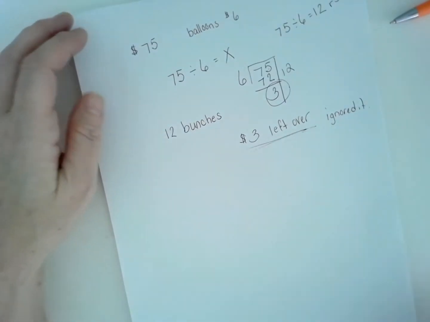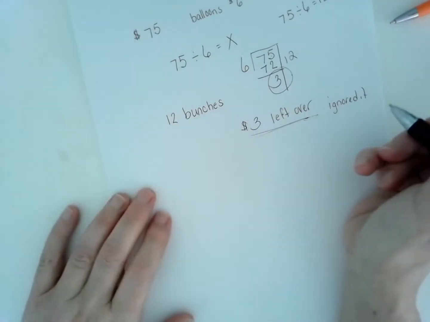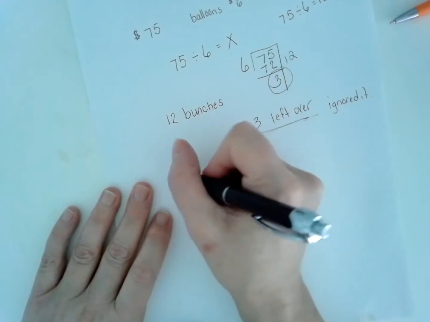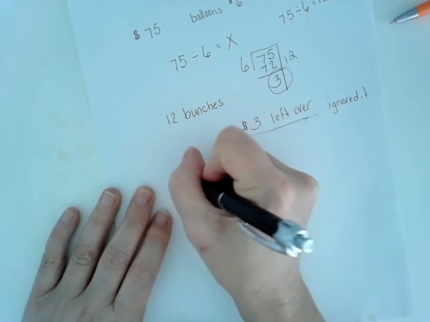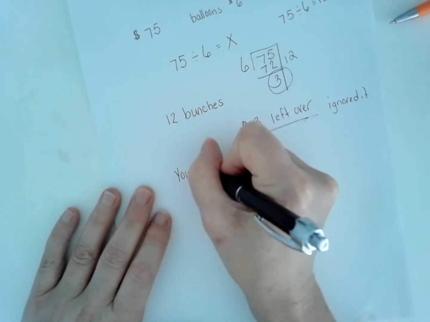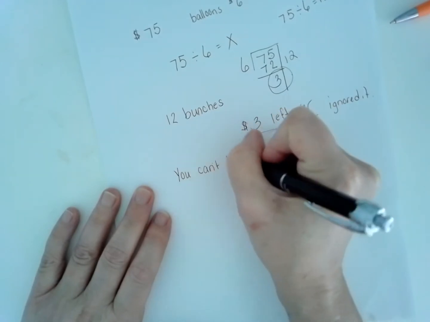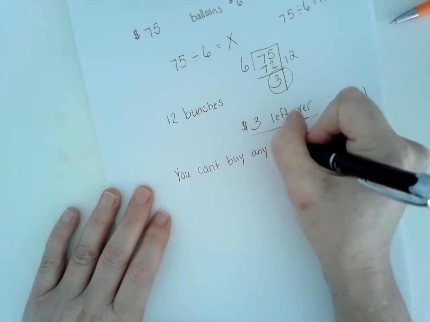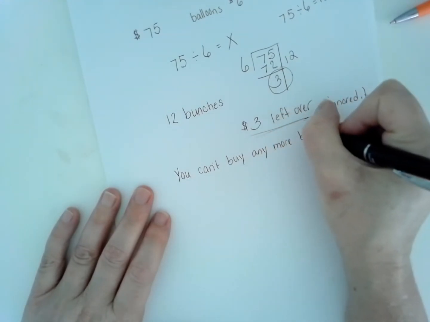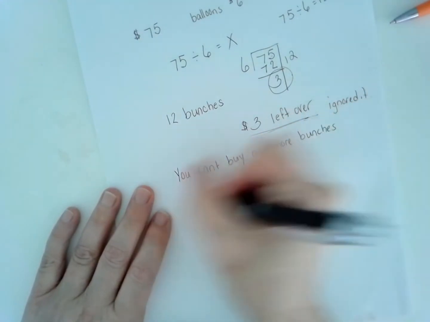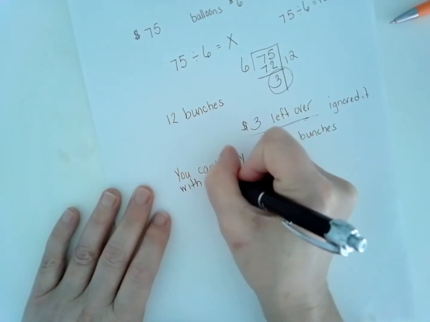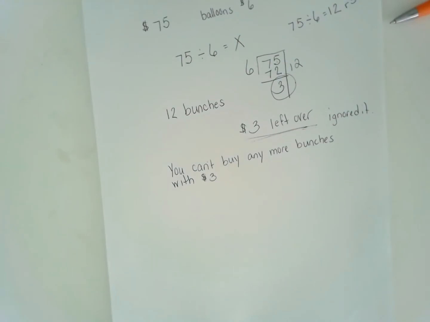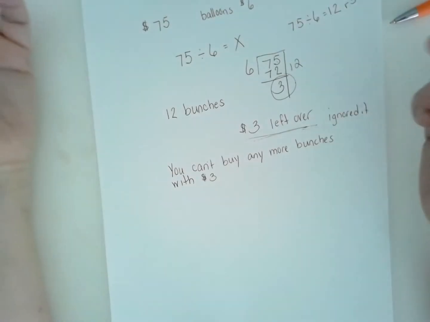And the reason that we ignored it is because you can't buy any more bunches with $3 because they cost 6 and they're not selling half bunches.